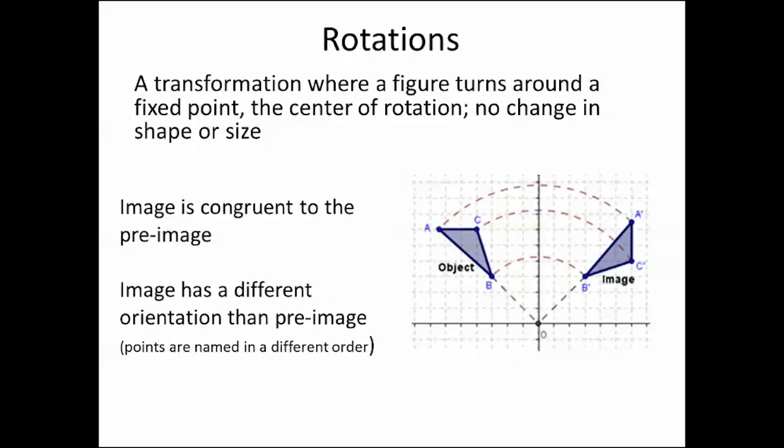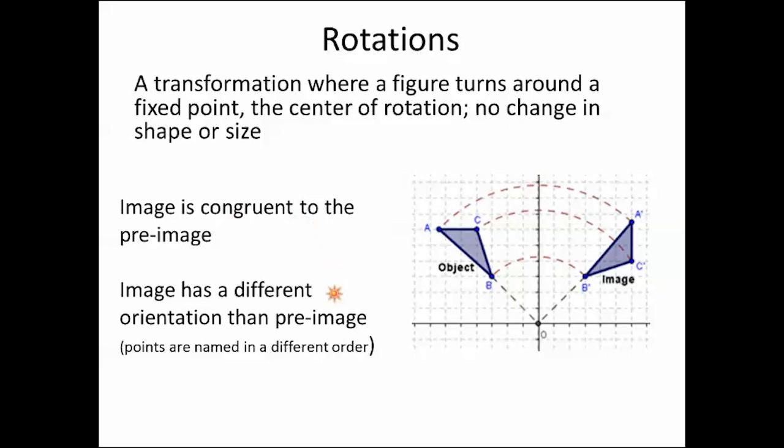With rotations, this is a type of transformation where a figure is turning around a fixed point, which is the center of rotation. There is no change in the shape or the size. Since there is no change, the image and the pre-image will be congruent. So, same size, same measures.